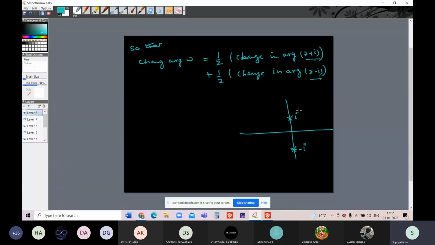So suppose that we are choosing a circuit. Let C be a circuit enclosing the point I. Suppose that enclosing this point I, we are moving along this circle in the counterclockwise direction, because the counterclockwise direction we call the positive direction.